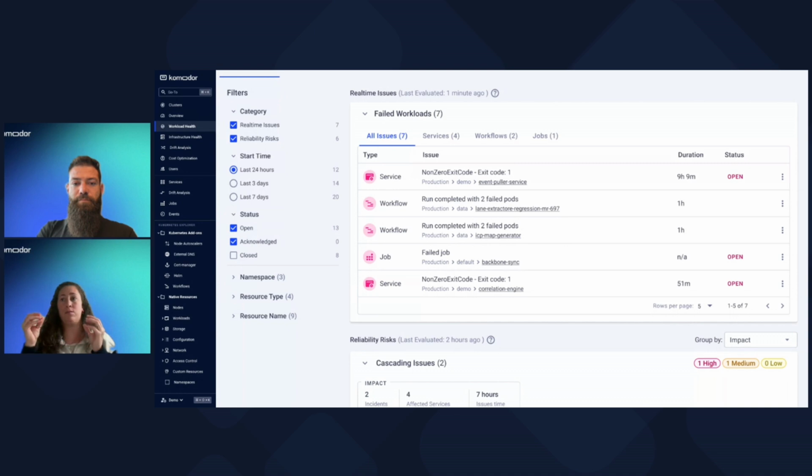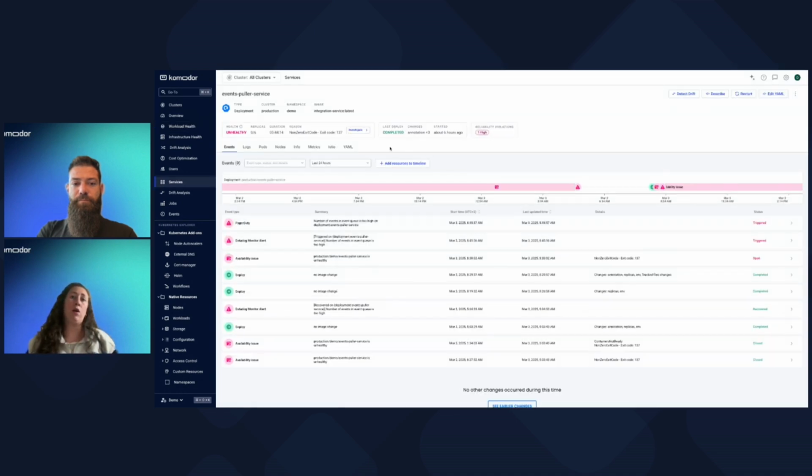It's an issue that requires you to take action. So if we go into this issue, we see that we have a service called event puller service. It's of type deployment, and you can see that there are availability issues that are happening at this time.